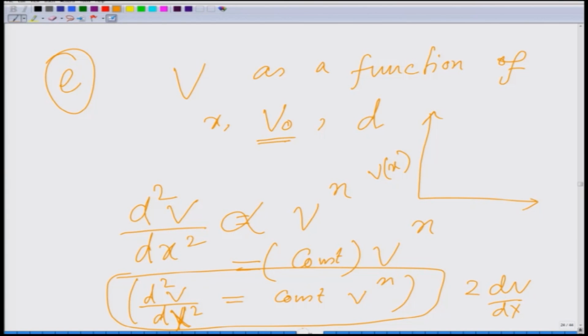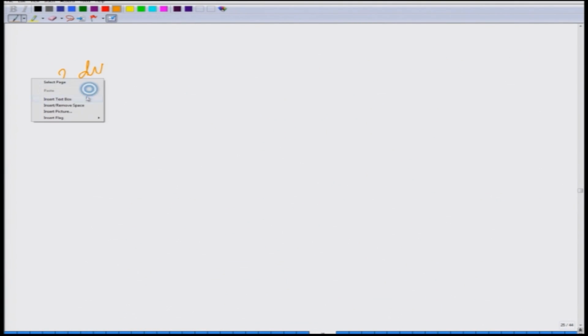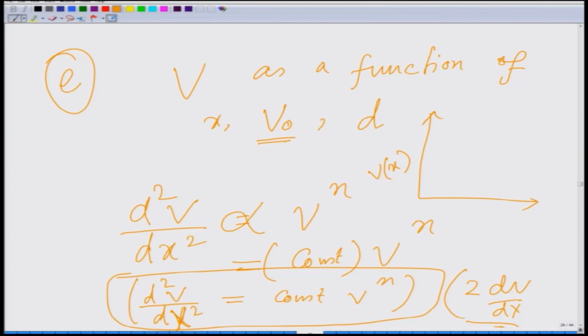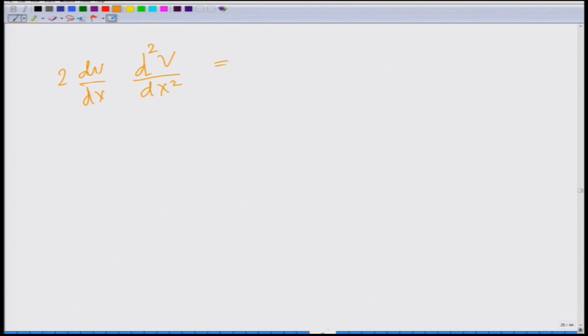When you do that, the left side is 2 dV/dx times d2V/dx2, and the right side is the constant times 2 dV/dx times V to the power n. You already know what this n is. I am not writing it because it is your assignment.